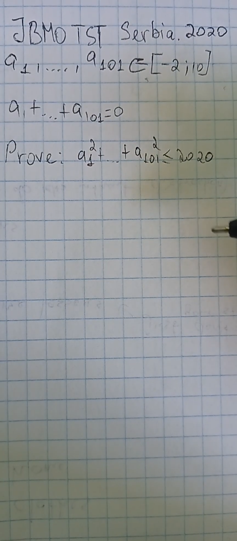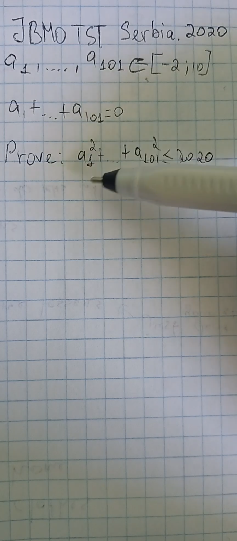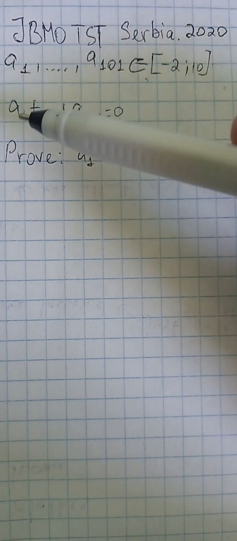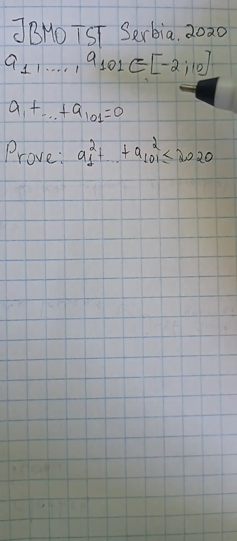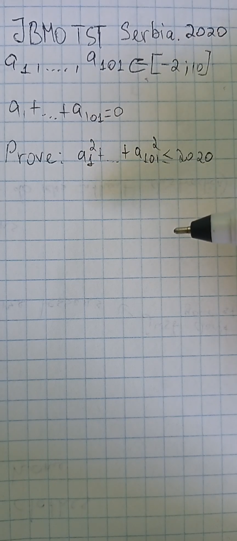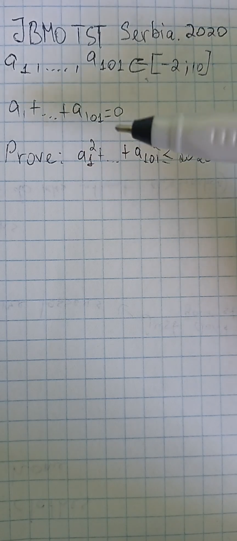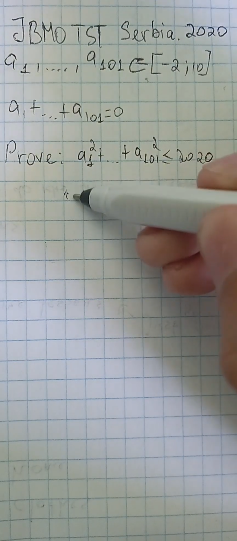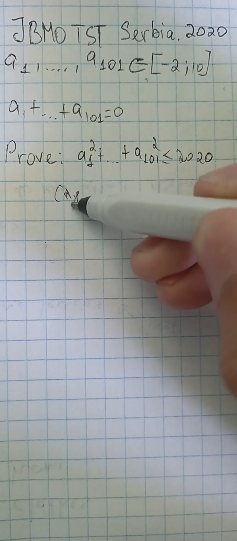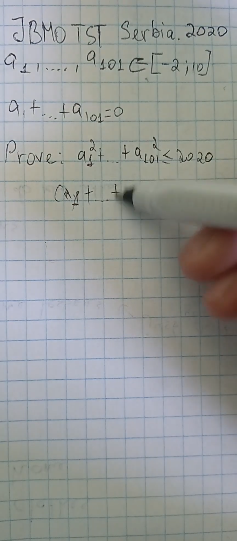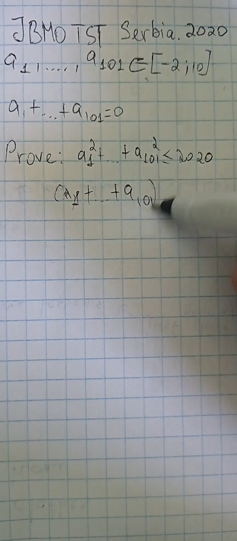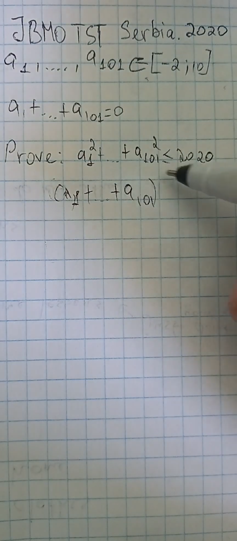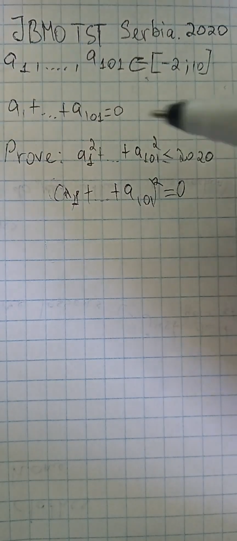We need to link the square of a number to itself, right? How can we do this? Maybe square the sum, right? Square this 0.